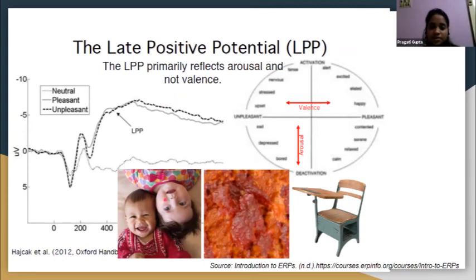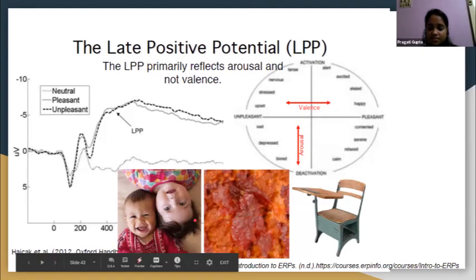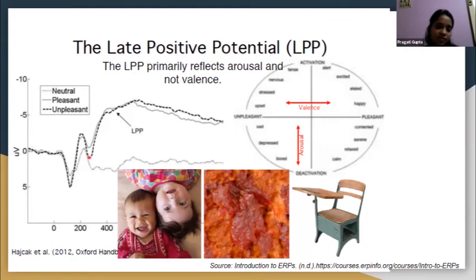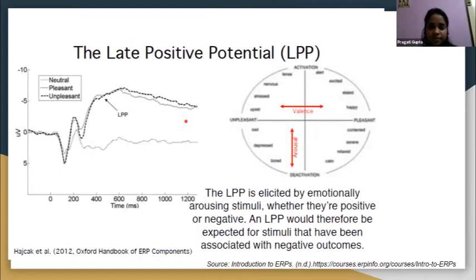If there are three stimuli, a neutral stimulus, a happy stimulus, and an unpleasant, arousing stimulus, the rotten meat shows a greater late positive potential amplitude, reflecting that the potential is affected by the arousal rather than the valence.